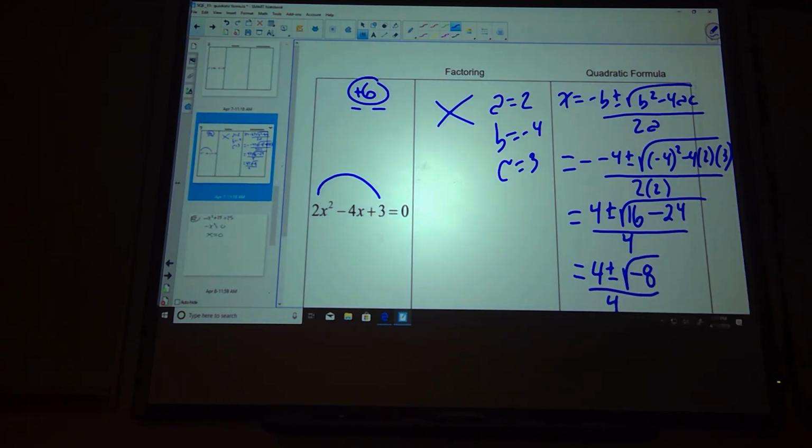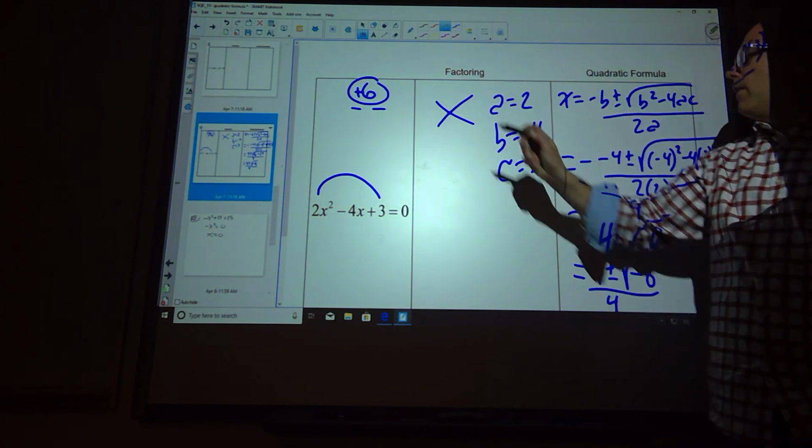What can you tell me about the square root of a negative number? I cannot take two of the exact same numbers to multiply together to give me a negative number, like negative 8. So what is the square root of this? This doesn't work.